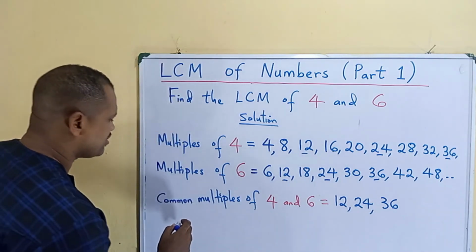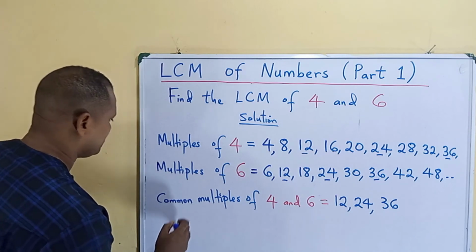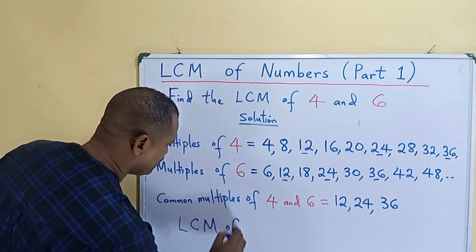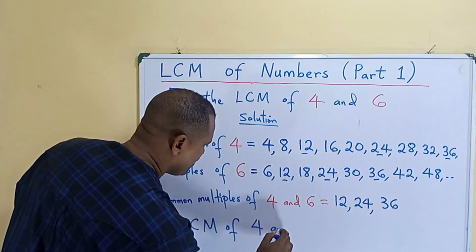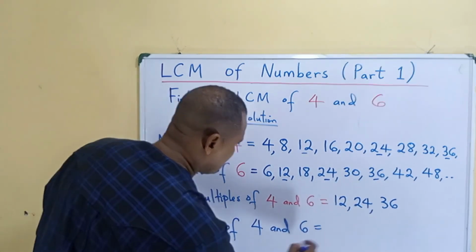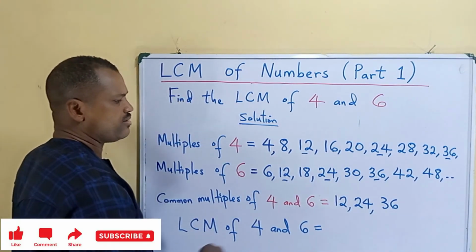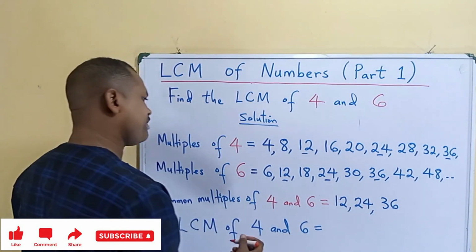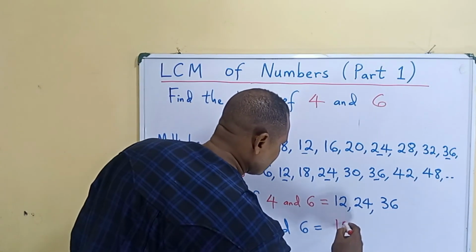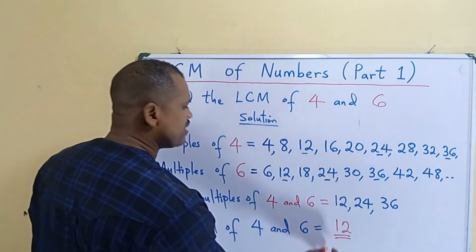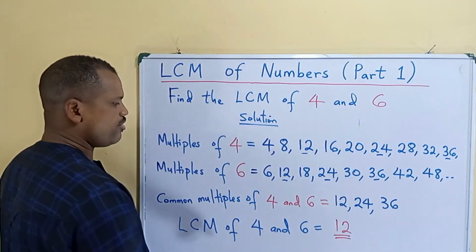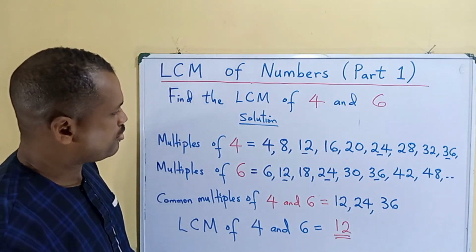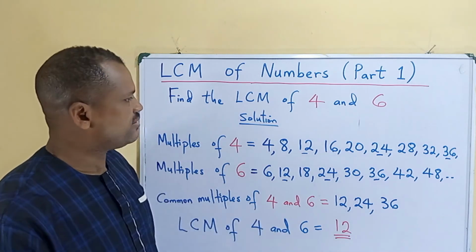So the last thing is the lowest common multiple of 4 and 6. And of course, 12 is the lowest among these common multiples. And so 12 is the answer. 12 is the lowest common multiple of 4 and 6, or the least common multiple of 4 and 6.